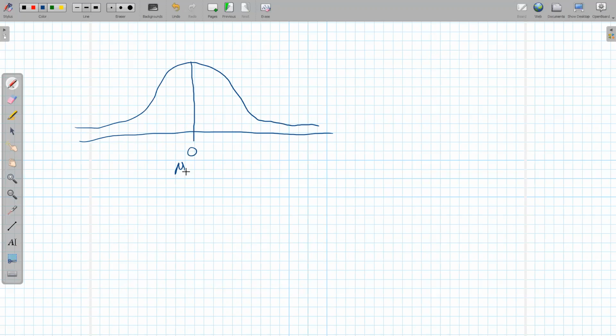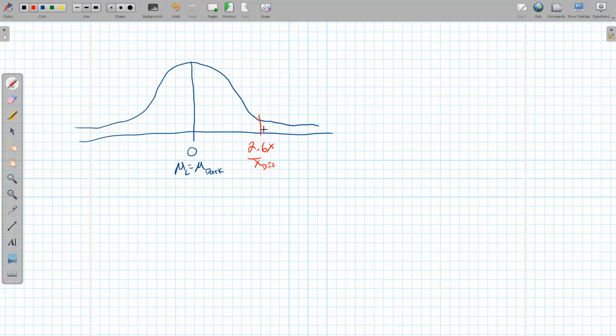And that's saying that mu light equals mu dark. My sample data ended up being way out over here. That was 2.62. That was my x bar for the difference. And this D is dark.